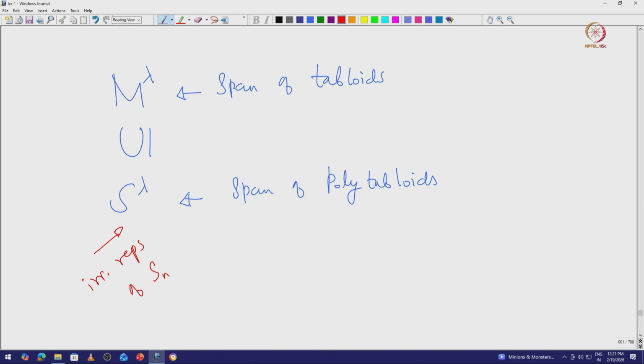For that we have to start with the definition of tabloids. Since we have to fix either rows or columns, we first fix the rows and then define an equivalence class with respect to the rows. We call two tableaux equivalent if for each row they have the same set of elements.